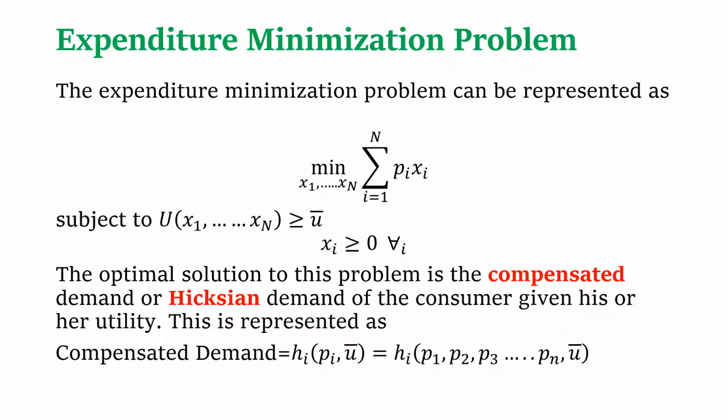Now, for this particular model, we have a set of assumptions that we are going to look at. This model is based on the assumption that preferences of the consumer are transitive as well as complete, and that indifference curves are well behaved.